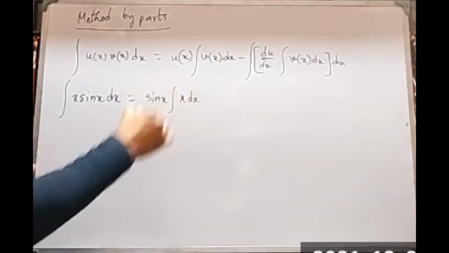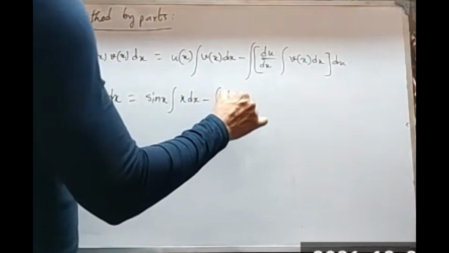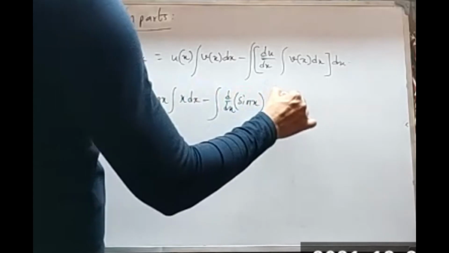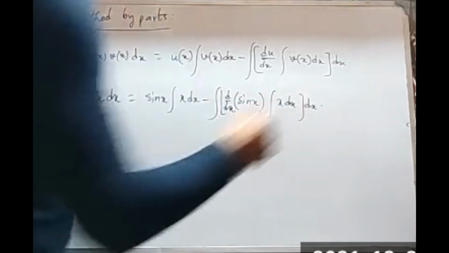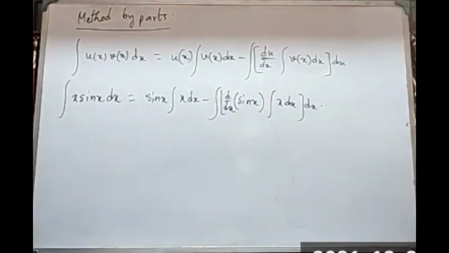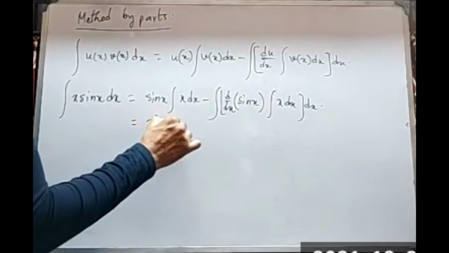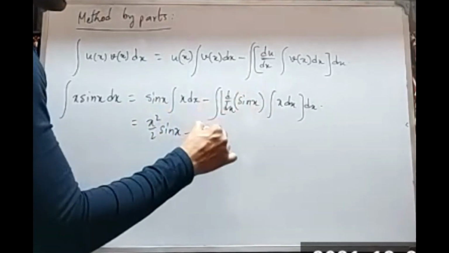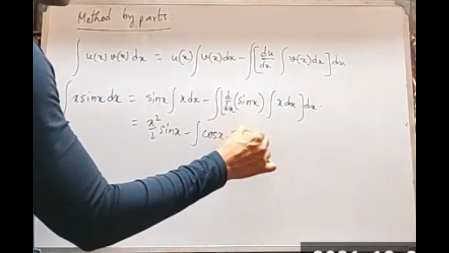Sin x times integral of x dx minus the integral of d/dx of sin x times integral of x dx. So we can say it is x square by 2 sin x minus integration, here it is cos x times x square by 2 dx.